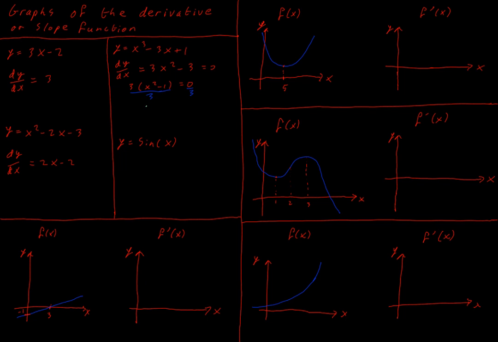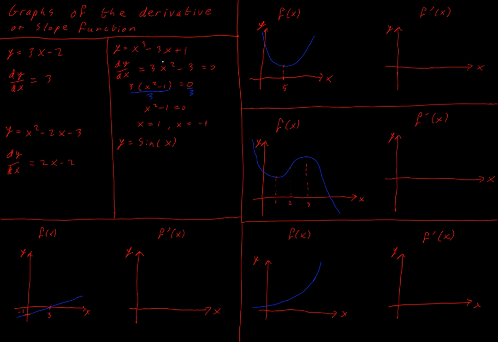And either by difference of two squares, or by getting 1 by itself and then getting plus or minus the square root of 1, we will get that x is equal to 1 and x is equal to minus 1 are the roots of our dy dx. They should be the turning points of our original cubic.